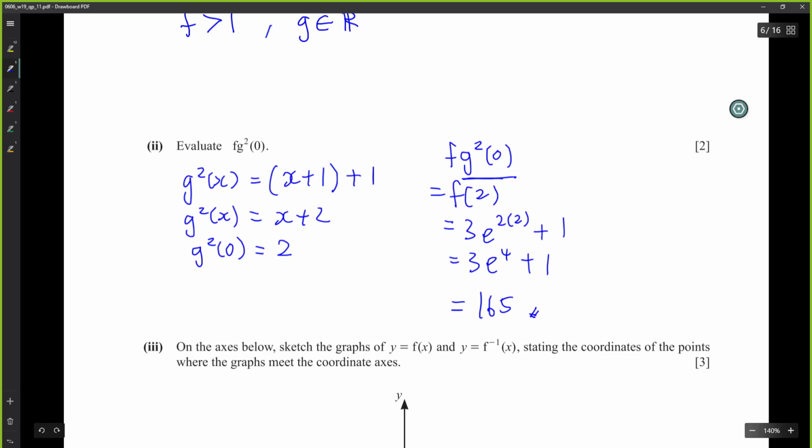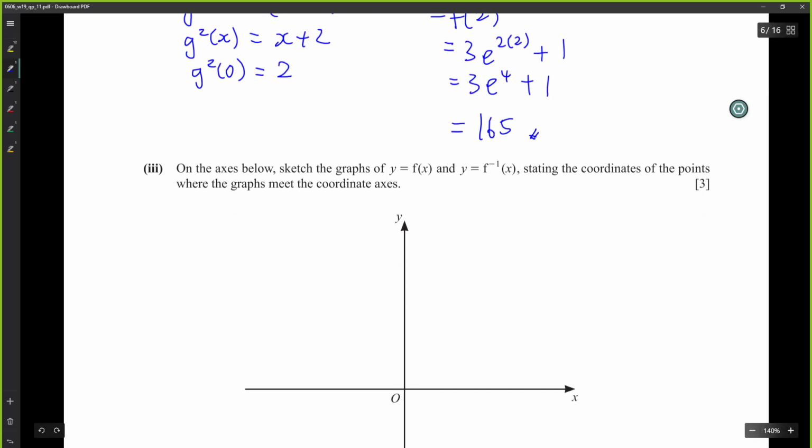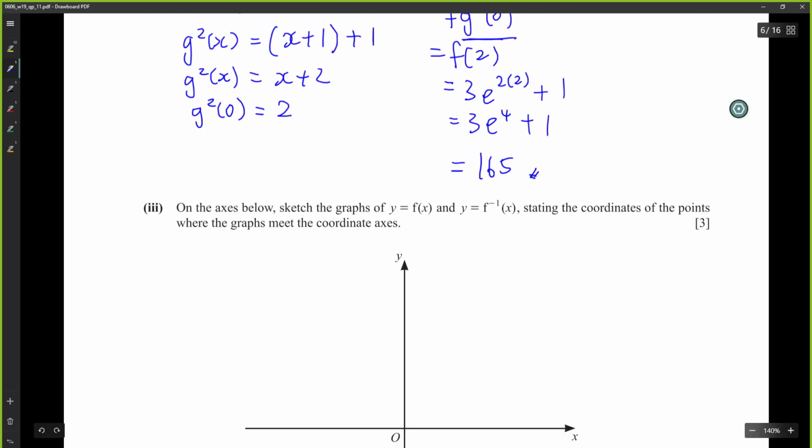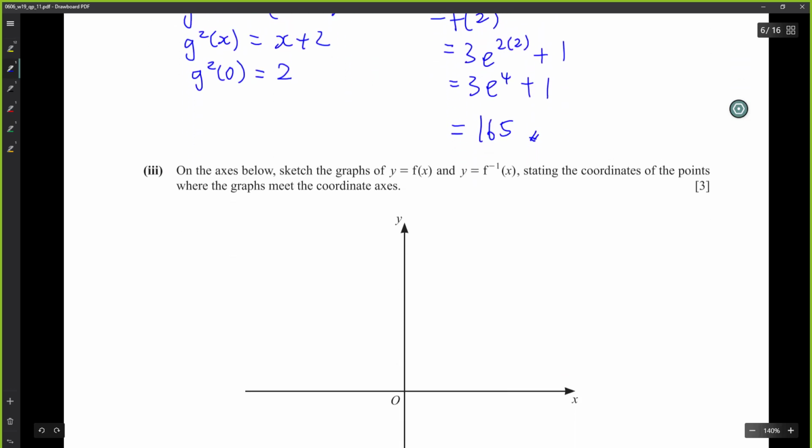I guess they can accept the answer like 165. Yup, they can. Okay, so far so good, right? If you get confused, just let me know.